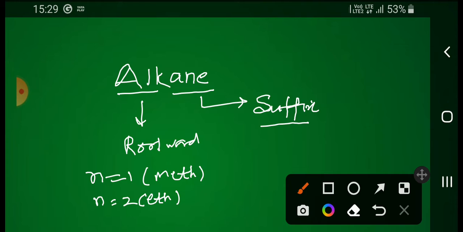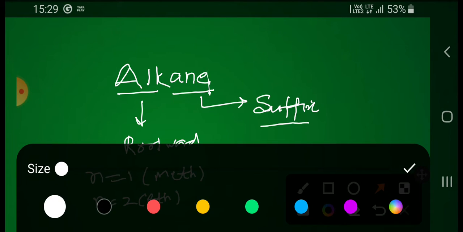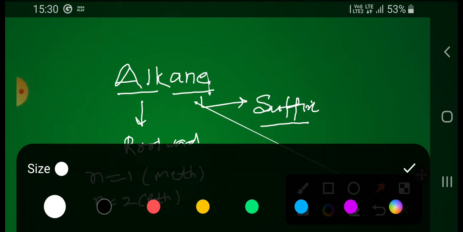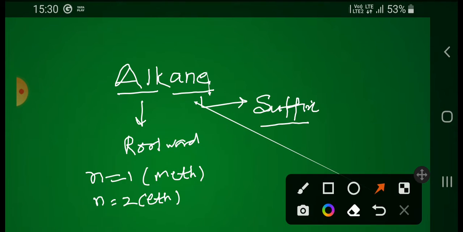So, if we see the suffix ane, it simply means there will be a single bond between the carbon-carbon bond or between the carbon-hydrogen bond.